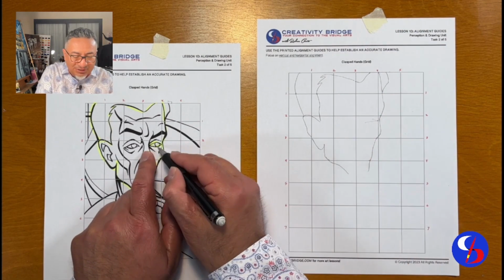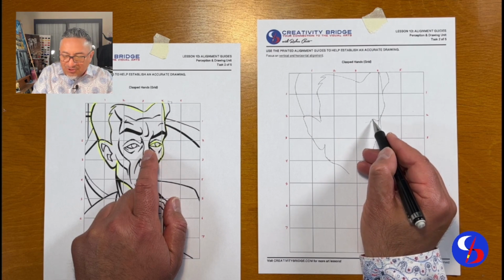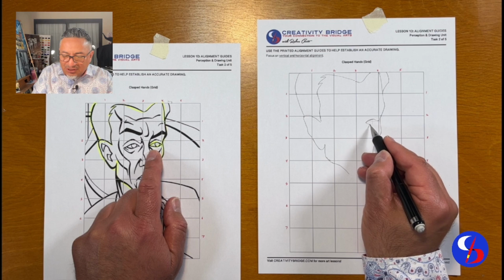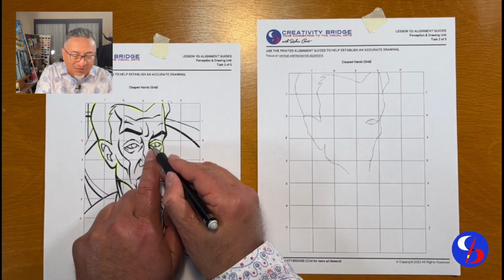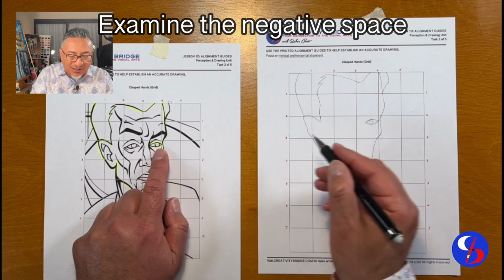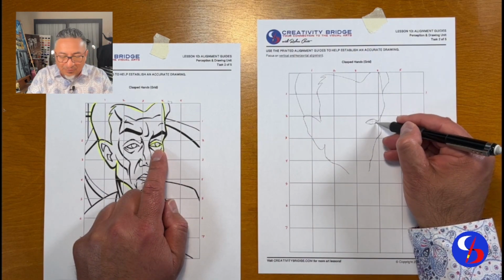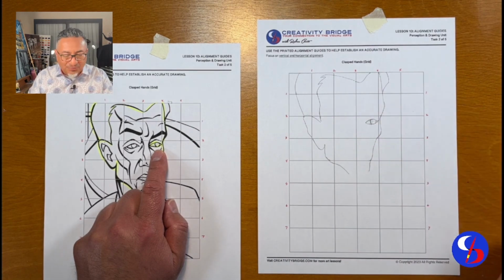It's at its widest point about here. Then it drops down, making that football shape. And the same thing's happening here and here. And then we look at the negative space of the white of his eye. This side is bigger and this side is smaller. So that works out just fine.